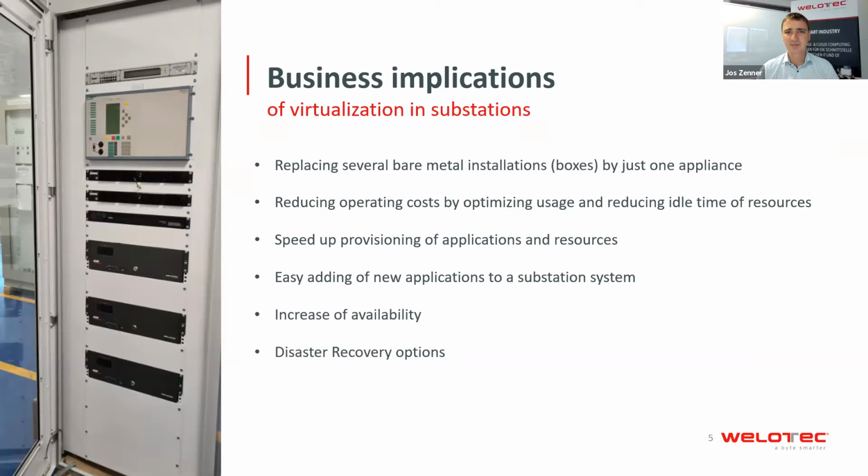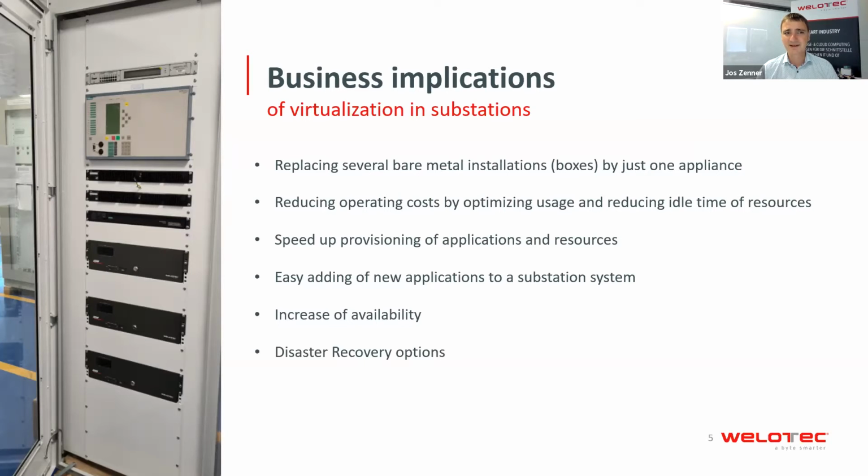So you can replace several bare metal boxes like the substation automation system, the operating workstation, the engineering workstation, and firewall on a single hardware. If you want to keep it redundant, you can also add 2 hardwares. If you have more than 4 or 5 appliances running, you can also add a second server to run other appliances, depending on the functions you want to have.